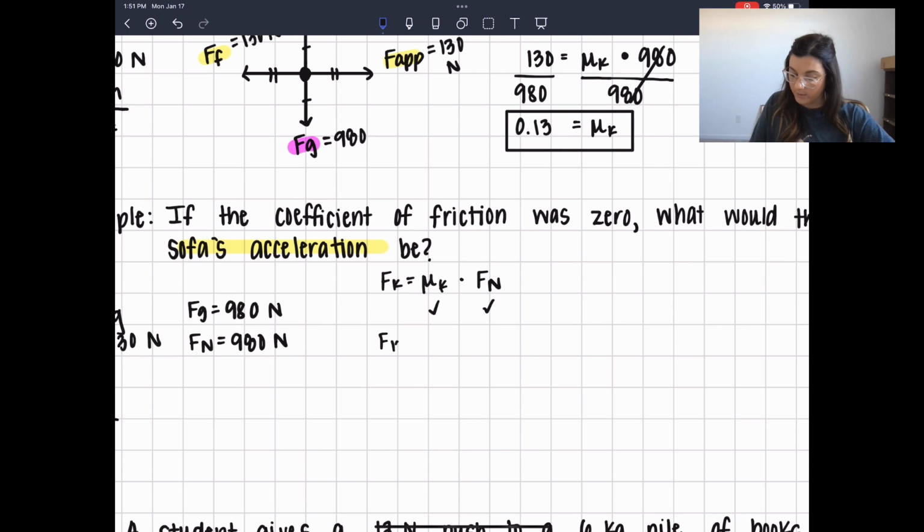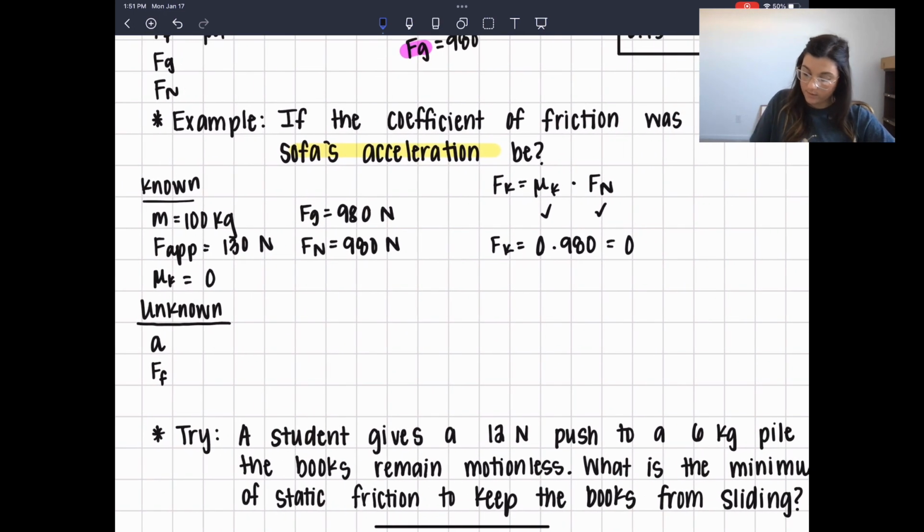My friction would just be 0 times 980, which would just be 0. So this sofa is going to feel no friction. That's a known, which kind of explains why the sofa is going to accelerate. It's not going to experience friction.